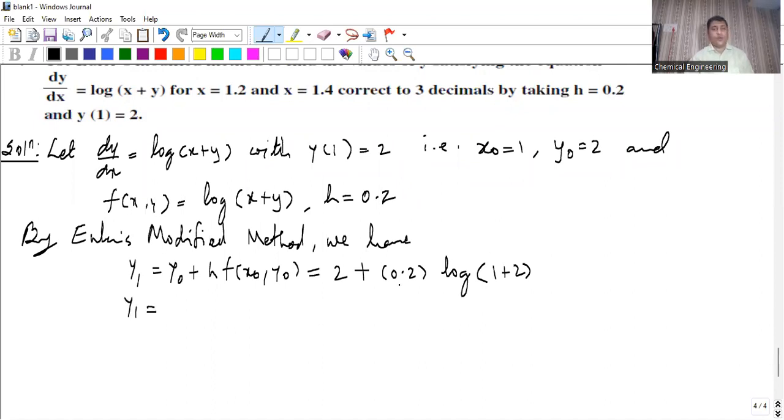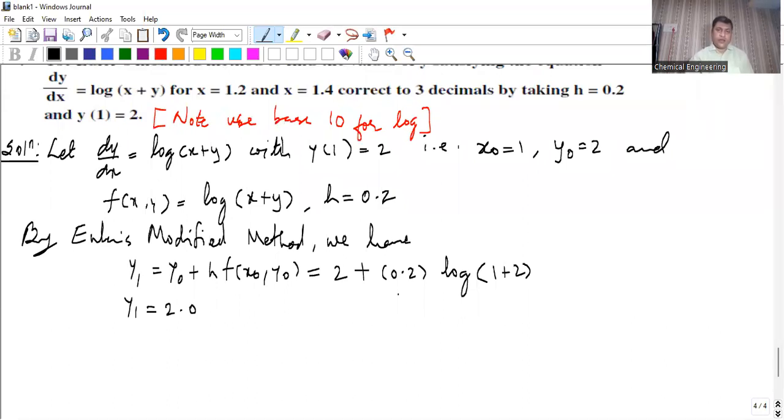So y1 is equal to, what is the value you are getting here? 2.0954. The log is base 10, because with this assumption only our calculation will hold.